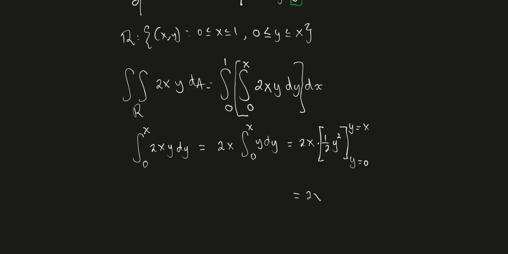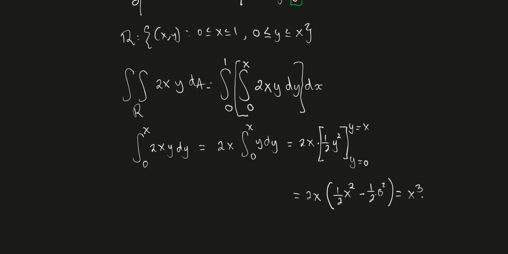So we have 2x there. At the upper limit, we just end up having 1/2 x squared, and then minus 1/2 0 squared. That simplifies to just x cubed, because the 0 squared goes away. The 1/2 times the 2 becomes a 1, and x times x squared is x cubed, right?